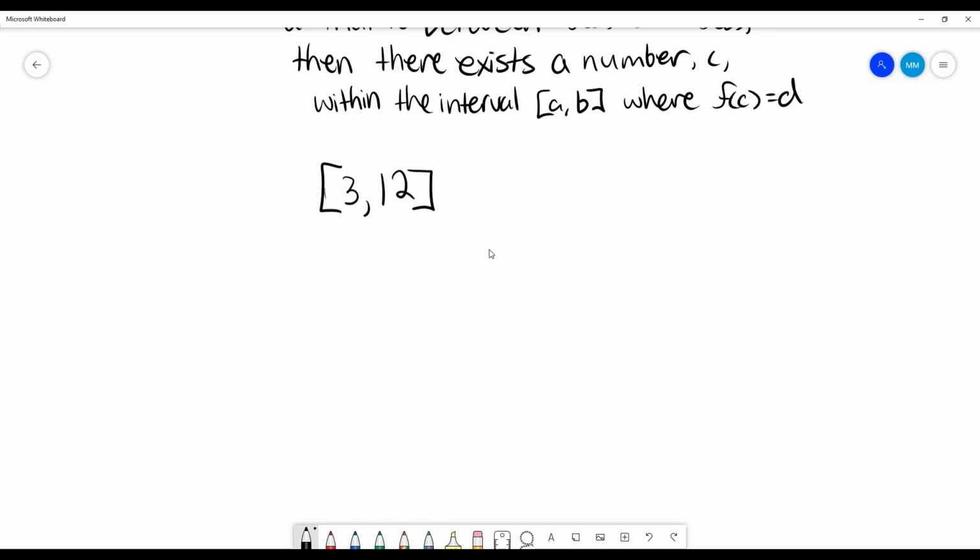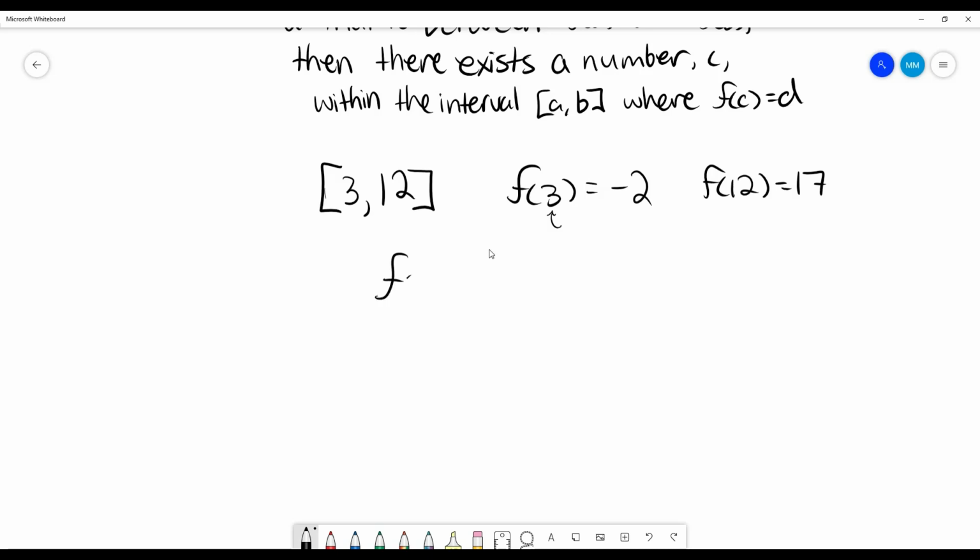If our function is continuous on this interval, and we know that f of 3 equals -2, and f of 12 equals 17, then I know at some point on this function, there has to be some x where the y equals any point between -2 and 17.